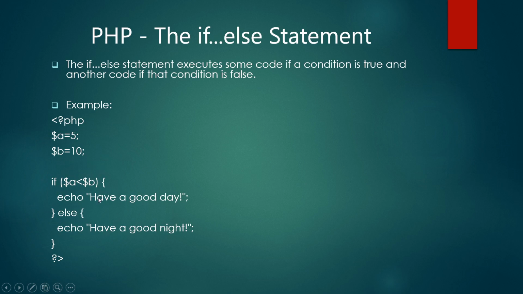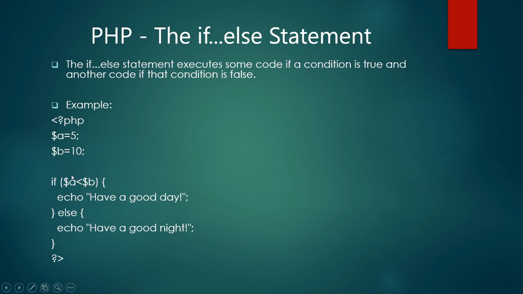Inside those round brackets, we are going to write our condition. After writing the condition, we have two curly brackets, and inside that our code will be written. Means if that condition is true, then what code should be executed? That code will be inside the curly braces. And else doesn't have any condition, because if this condition is false then else will be executed.